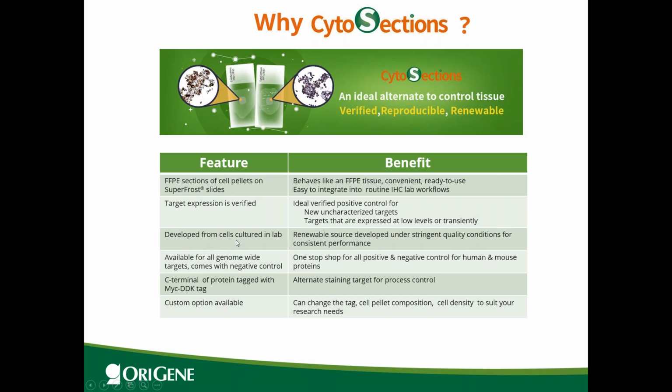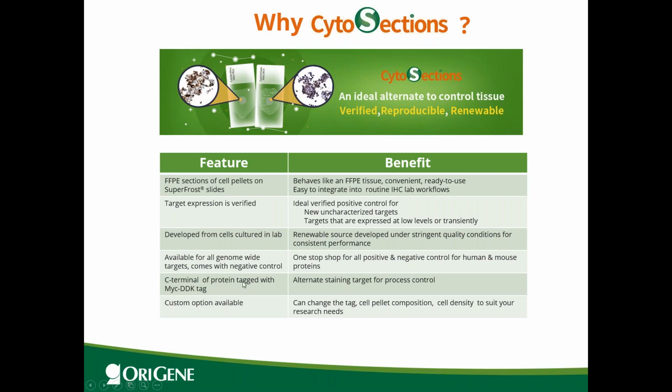Third, it's developed from cultured cells in the lab. Hence, it is a renewable source, and it is developed under stringent quality control conditions for consistent performance. Next, it's available for all genome-wide targets and comes with a negative control. The cytosection becomes a one-stop shop for all positive and negative controls for human and mouse proteins.